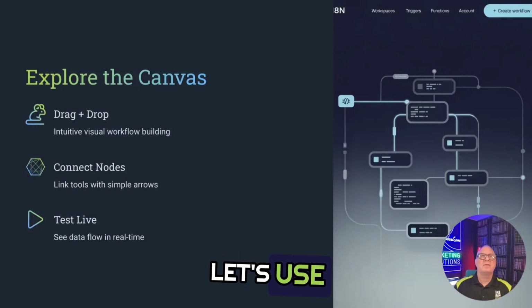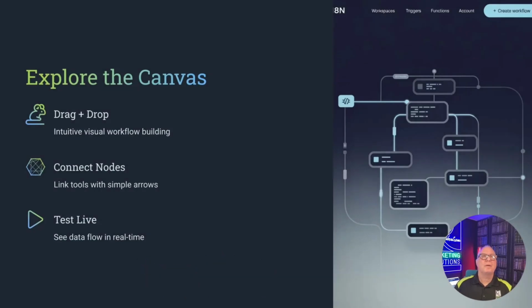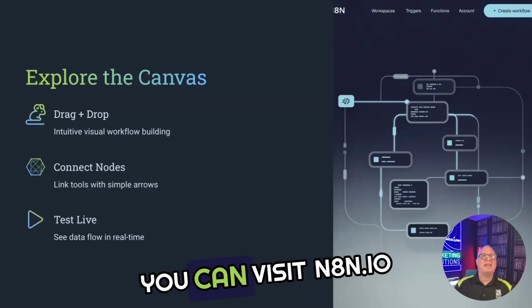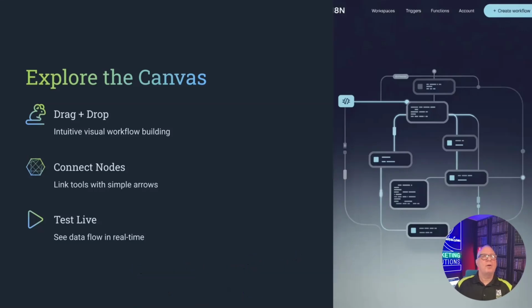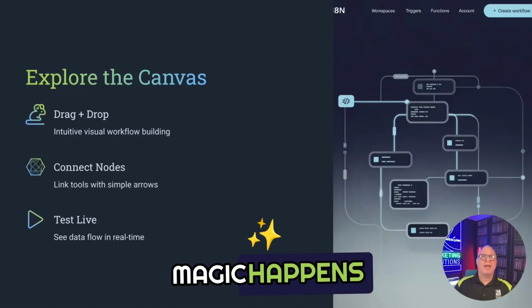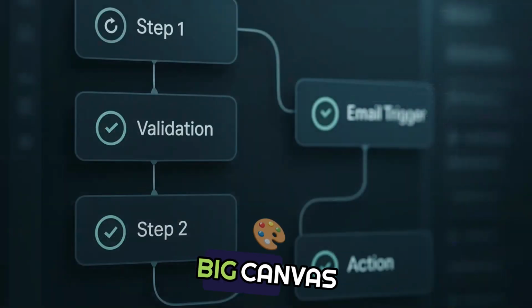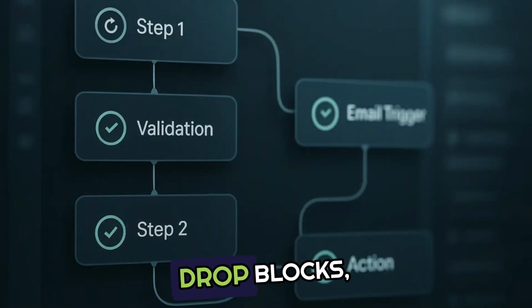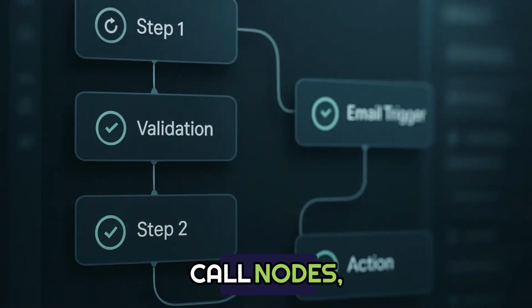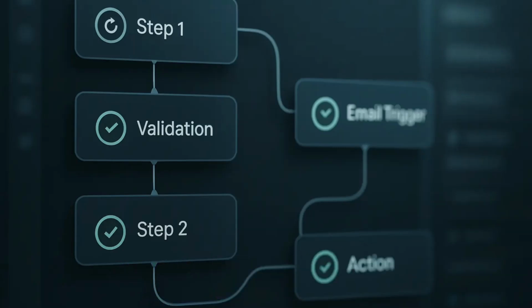Let's use the online version. You can visit n8n.io and sign up. Log into your dashboard. This is where the magic happens. The dashboard is a big canvas where you drag and drop blocks called nodes and connect them to build workflows.